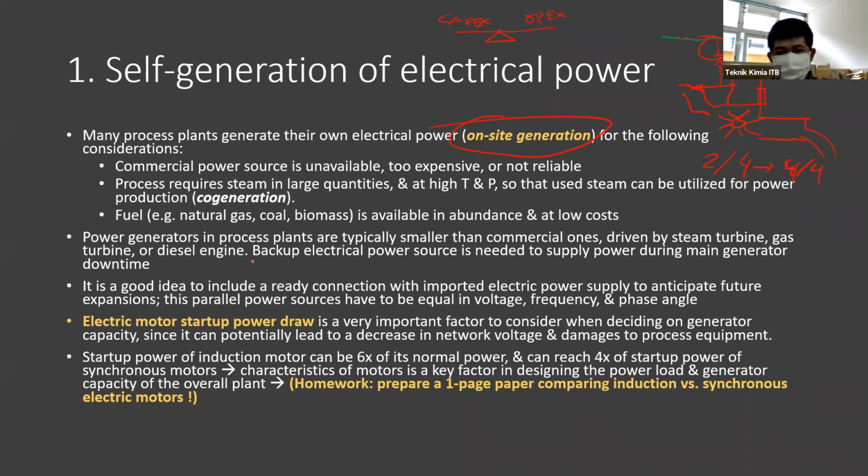Whether you can use coal, liquid fuel such as diesel fuel, or gas fuel, LNG or LPG. I'm not sure, I mean, it's just gas fuel. You need to think what kind of fuel can be provided to your chemical plant.